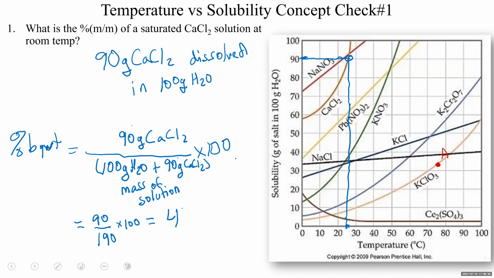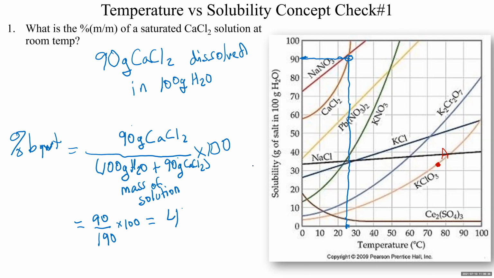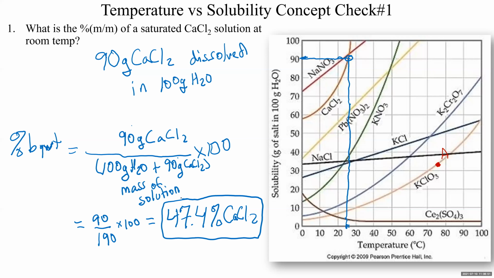This thing responds to every little touch. It's a different machine, so I'm really not used to doing this. 47.4% calcium chloride is the percent by weight of our saturated calcium chloride solution.